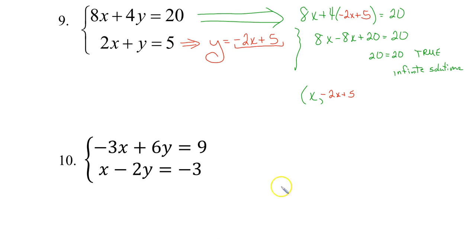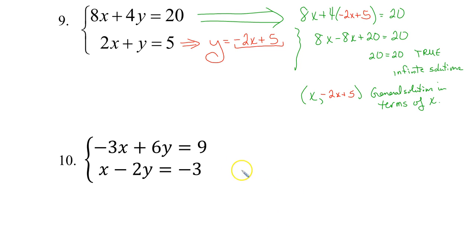And this is what we call a general solution in terms of x. It will tell you to write your general solution in terms of either x or y. So this is a general solution in terms of the variable x. And that's it. Let's move on to number 10.